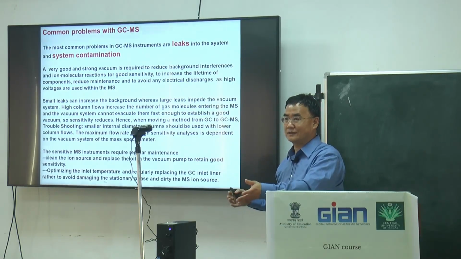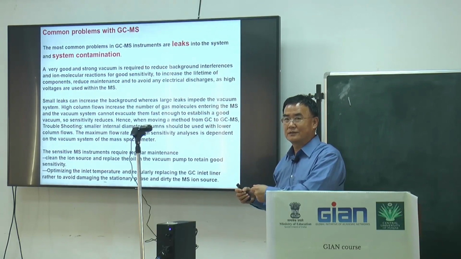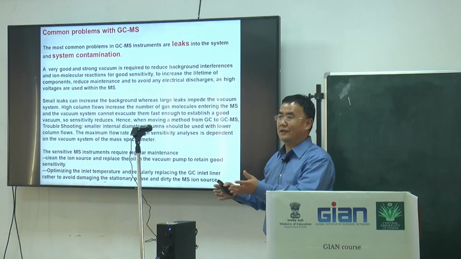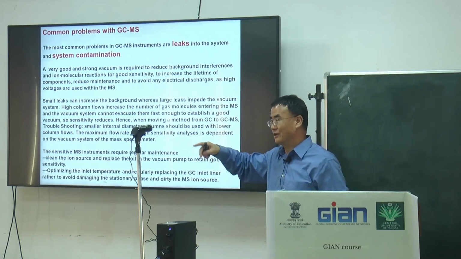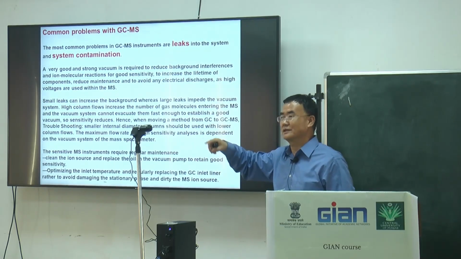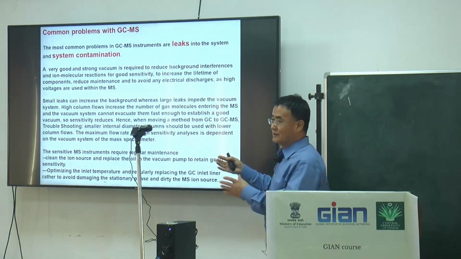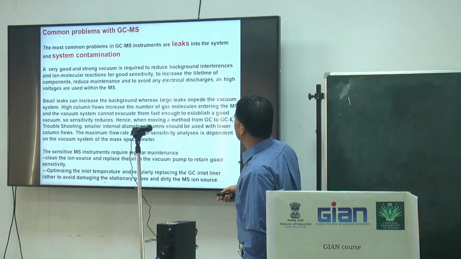You definitely think your system needs to be cleaned up. But the capillary column has a lifespan, and you have to replace it, also the injection inlet parts. Those need high temperature, or sometimes the contamination gets in, so you just need to replace them.